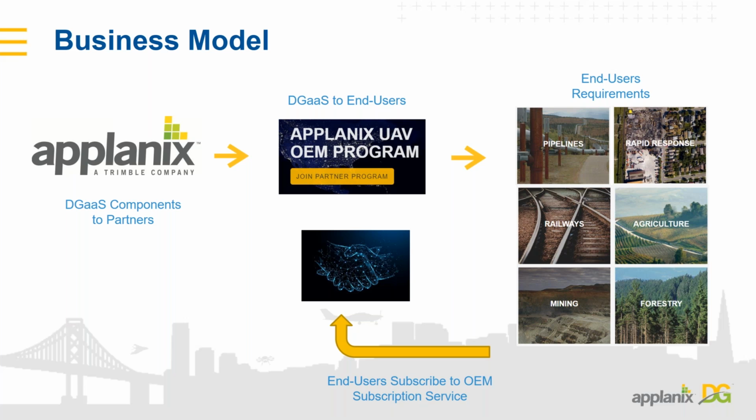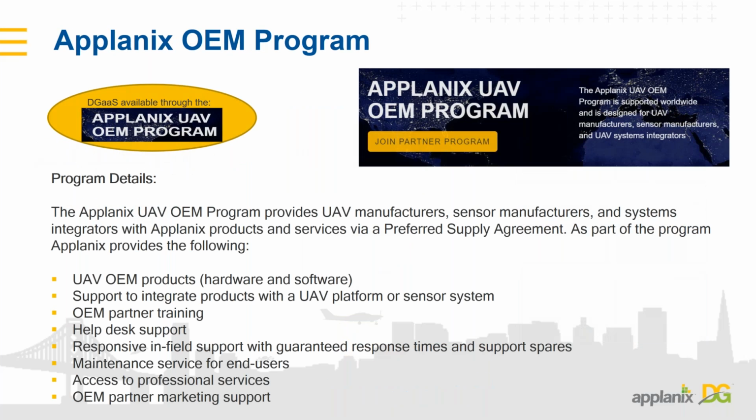Let's just take a quick look at our OEM program for those of you who are UAV manufacturers or sensor manufacturers or systems integrators. So our UAV program basically provides a number of benefits. It provides that hardware and software, and basically we do that under an OEM agreement, which provides some price breaks, et cetera, for volume purchases.